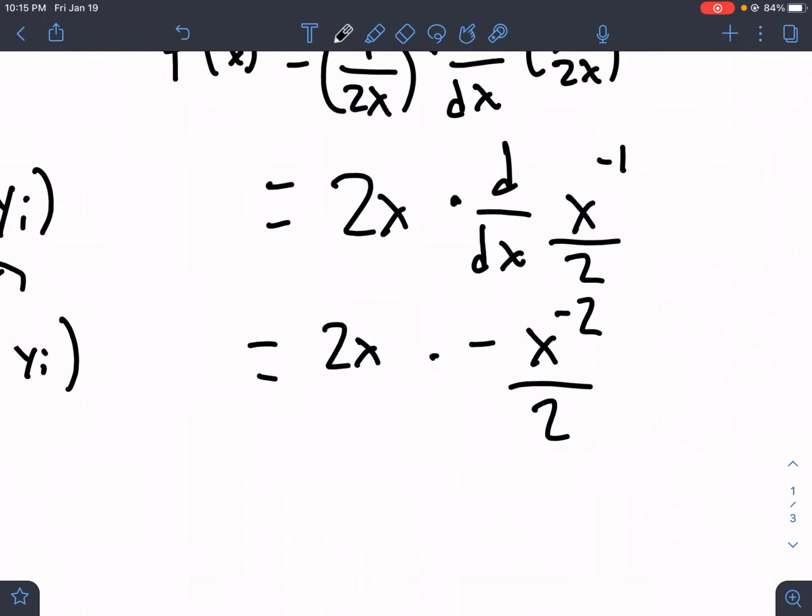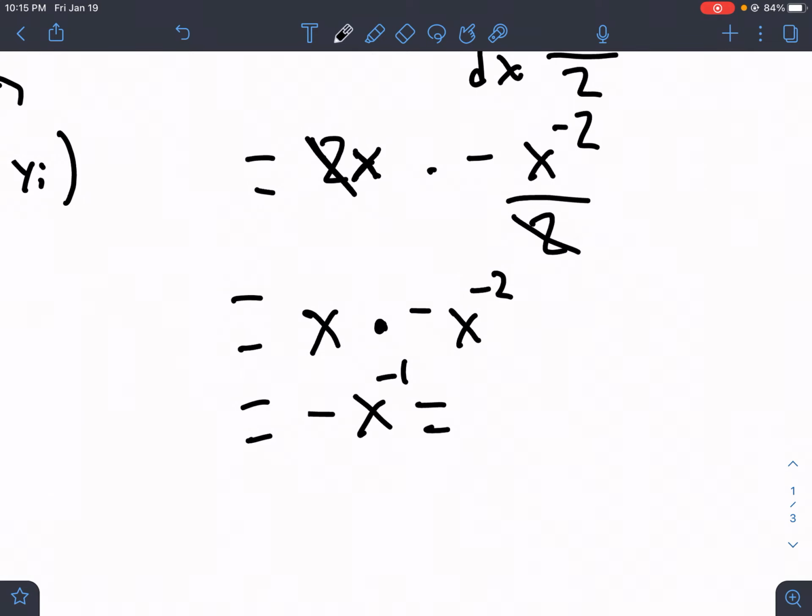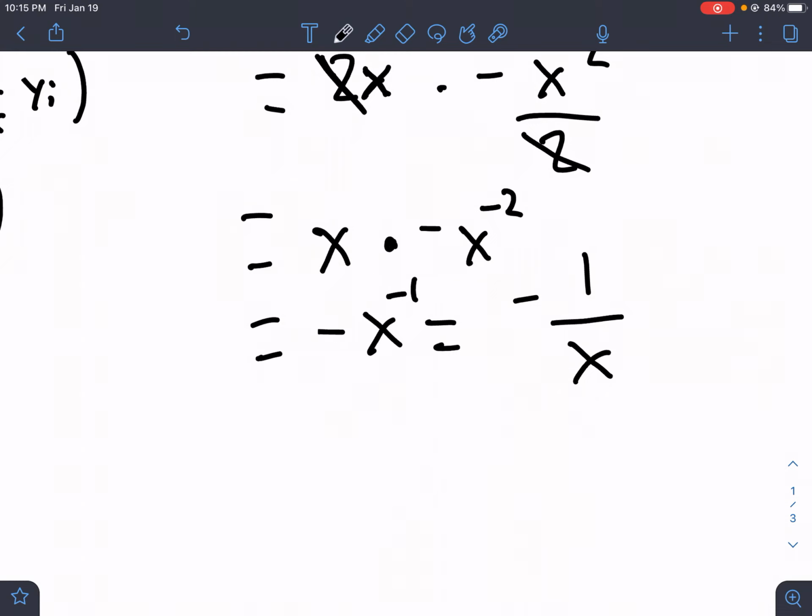We can just cancel these 2's, so we get x times negative x to the negative 2, which just equals negative x to the negative 1, or negative 1 over x. Either one, pick your poison. They both work.